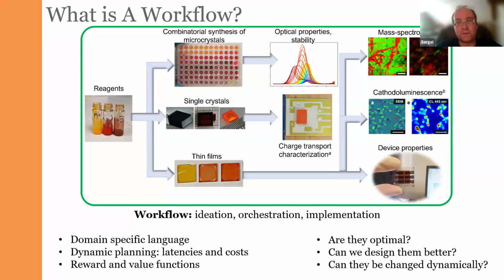For example, we can use the stability of the combinatorial libraries and use them as the predictors for the properties of the thin films. The thing is that the microcrystals are cheap to explore. Films are much more expensive and take much more time. The problem is that we don't expect that the properties of the crystals and the properties of the thin films are exactly the same.